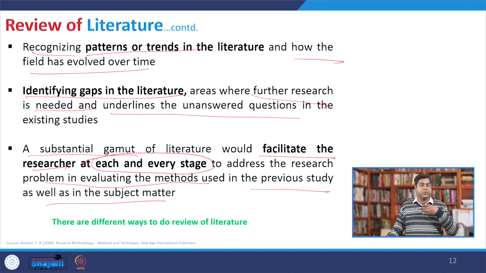So you have to include them. There are different ways to do a literature review: it may be a traditional, narrative way, or a systematic literature review, or a meta analysis. We will discuss this in detail in our coming lectures.